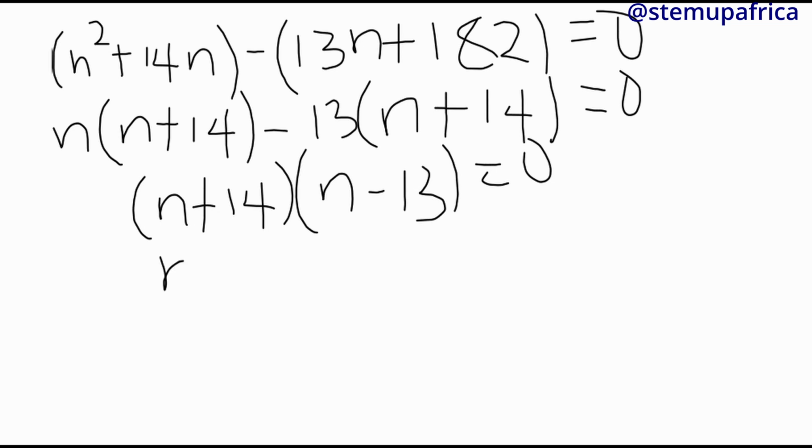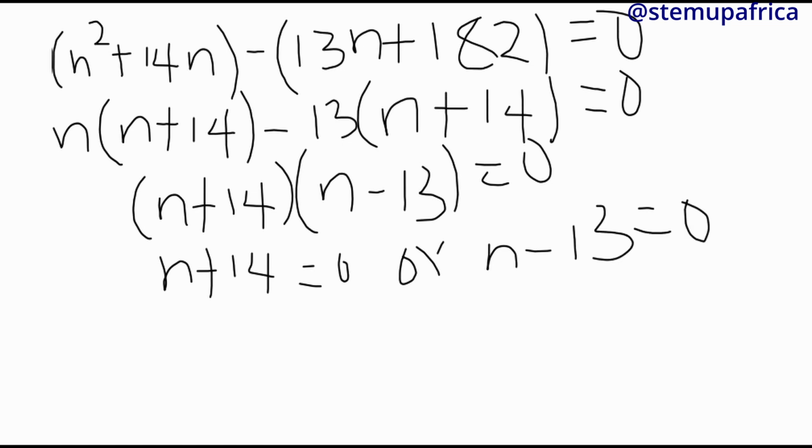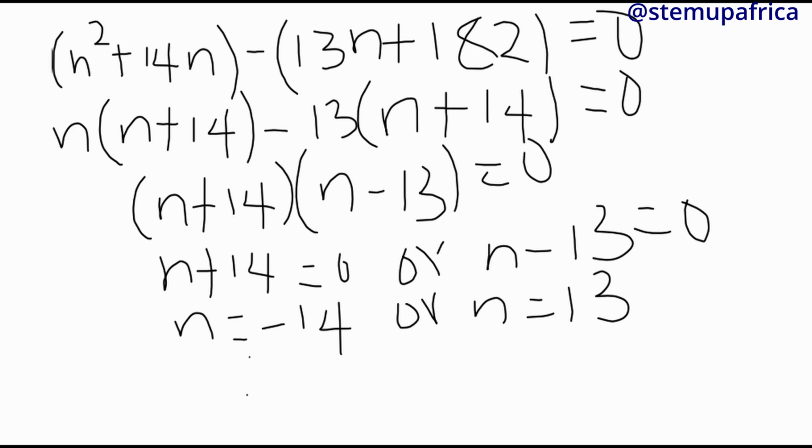It simply means that n plus 14 is 0, or n minus 13 is 0. So n will give me minus 14, or n will give me 13. As we all know, we don't have negative sides in polygons. Therefore, my n is equal to 13.